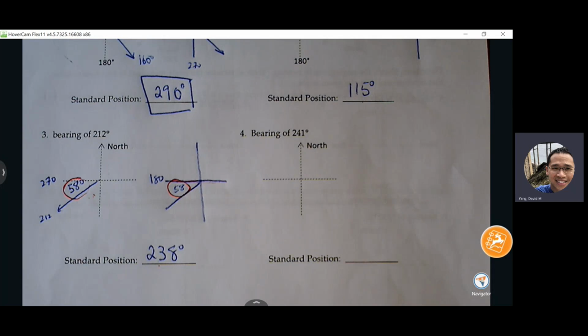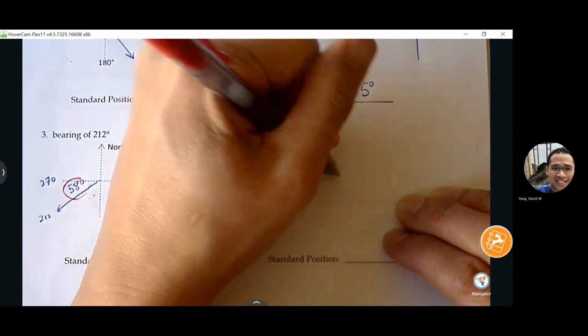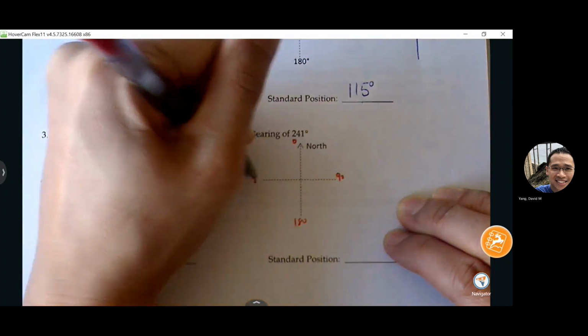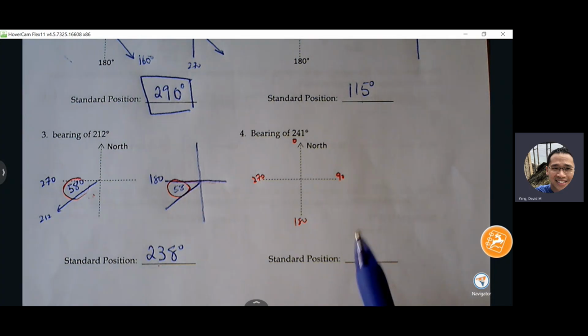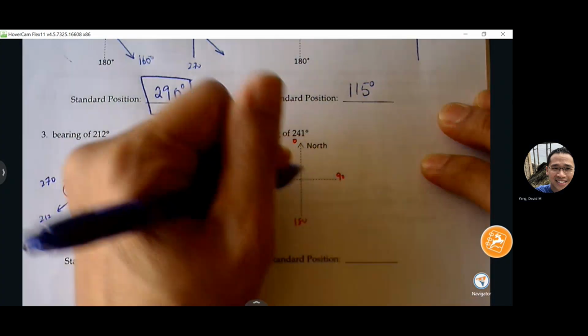Okay, guys, you want to try number 4? Yeah. Which quadrant is this going to end up being? Third.